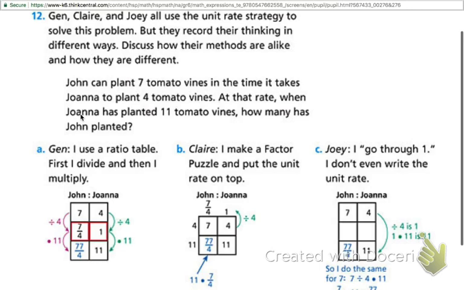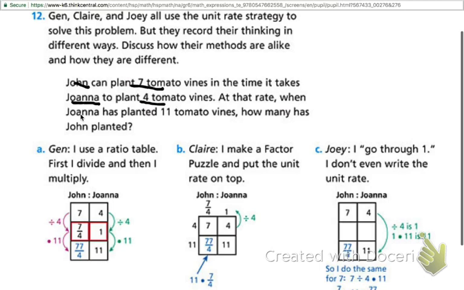Okay, last but not least, we can use this same tactic to use factor puzzles to solve problems. I use a ratio table. First I divide and then I multiply. So we figure out that John can plant 7 tomato vines in the time it takes Joanna to plant 4.